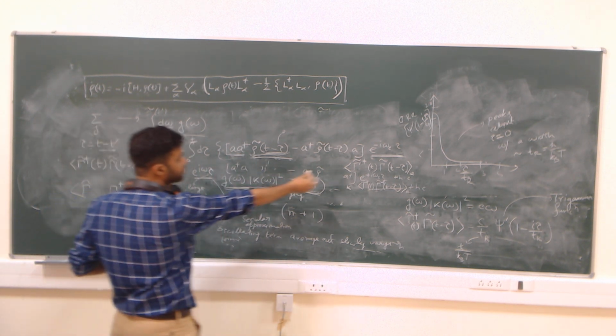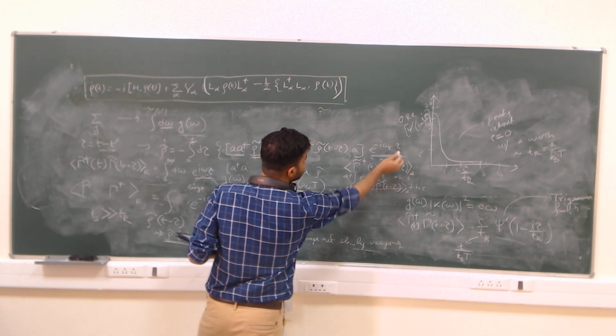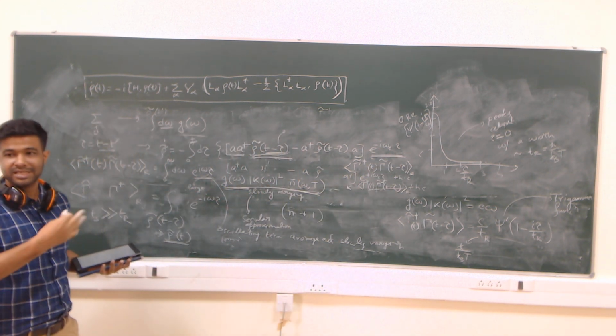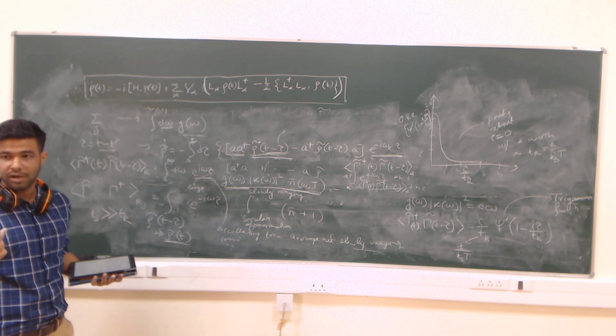So this is like d tau e to the power minus i omega_c tau, which is just a Fourier transform, which will give you out the omega_c part.